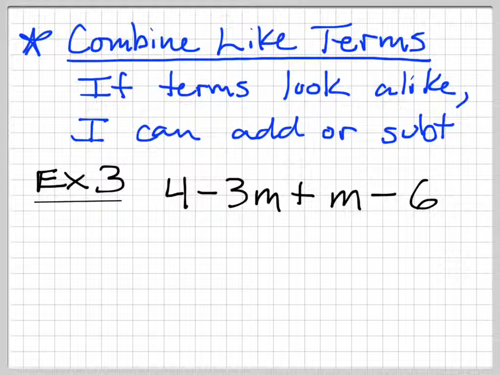Okay, when I use the word terms, I'm talking about, for example, this 4 is a term, this negative 3m is a term, this positive m is a term, and this negative 6 is a term. Okay, terms are numbers, or they're variables, or the combination of the two.